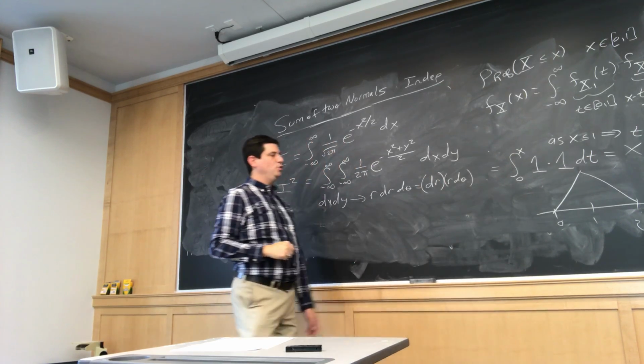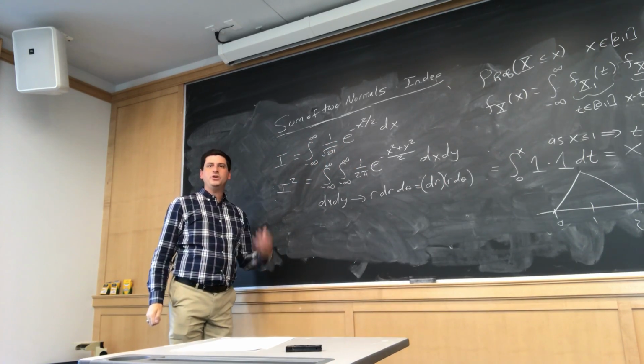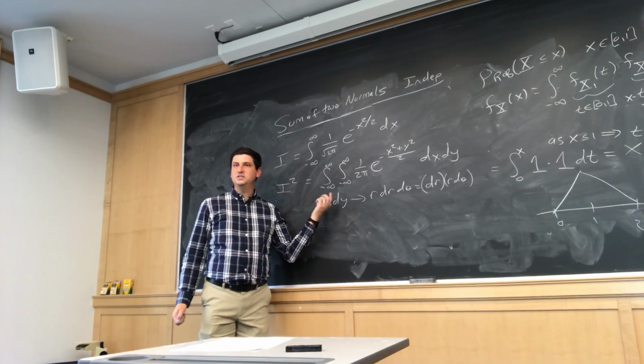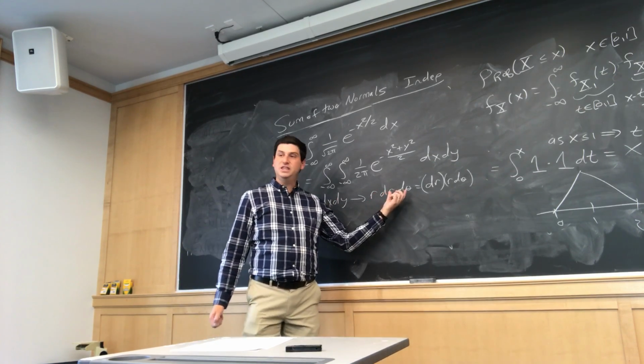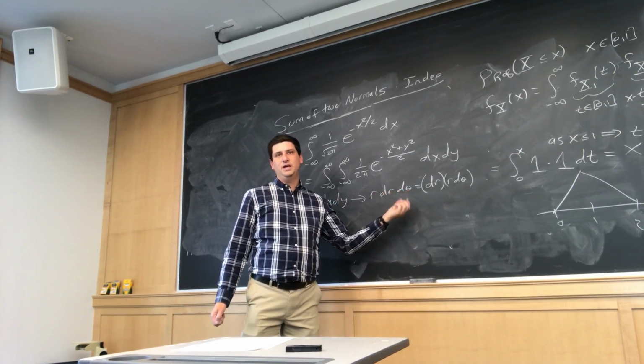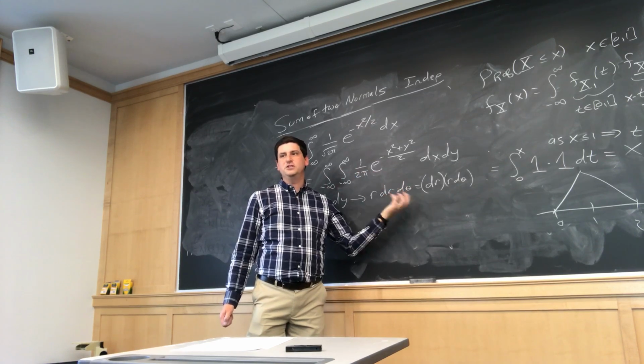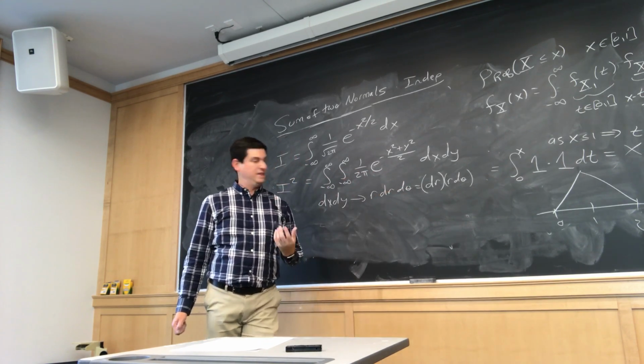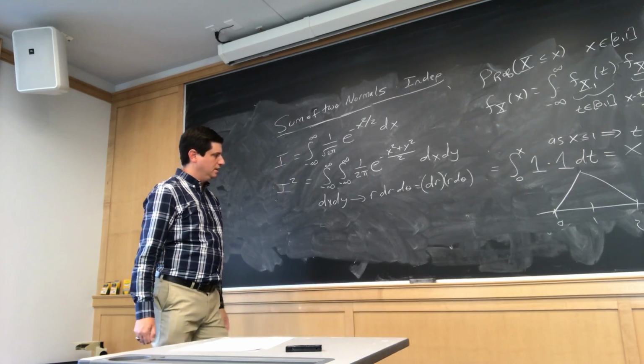This is a little bit better way to view it because I want to make sure I go from area to area. If x and y are in meters, this is meters squared. But dr d theta is not in meters squared. The theta, the radians is unitless. But r theta, the measure of an arc, that is a length.